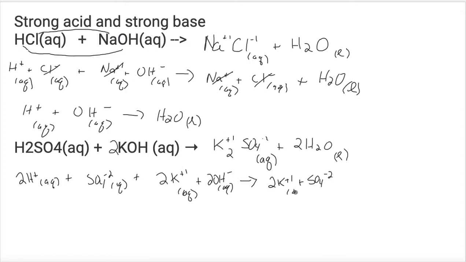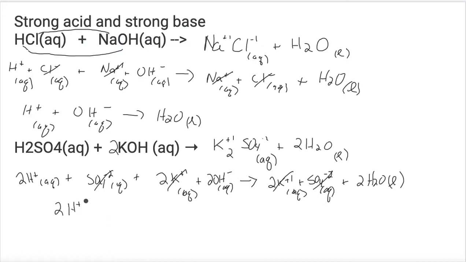They're AQ, plus 2 H2O, liquid. Don't break the water, it's a liquid. Cross off any spectators. So 2 potassium, spectator. Sulfate, spectator. What doesn't cross off?